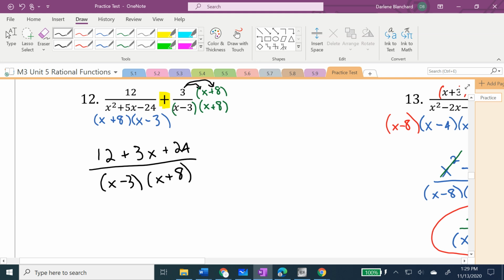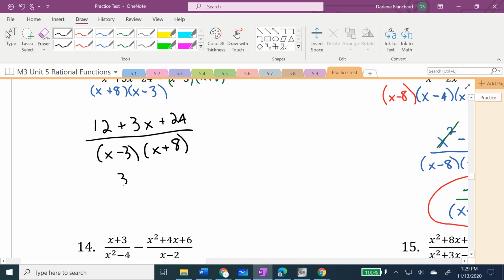If there are like terms to add together, you need to do that. And you also have to double check if the numerator is factored, can it cancel with a denominator?